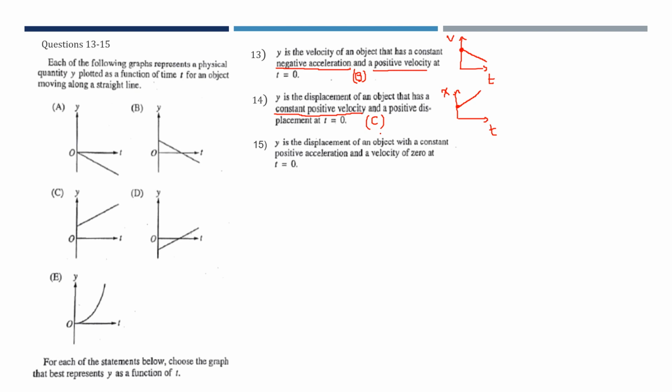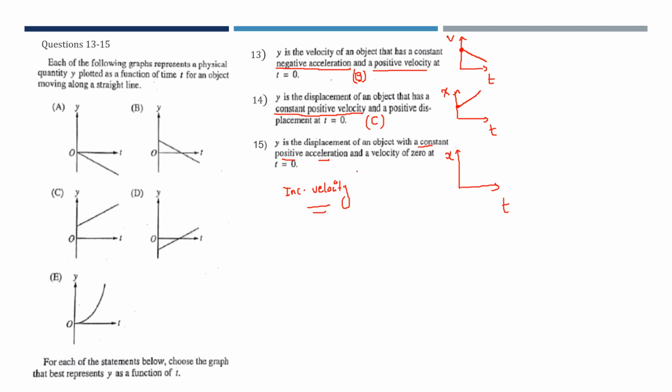For question 15, y is the displacement of an object. Again, we have a graph between displacement and time of an object with a constant positive acceleration. When we have a positive acceleration, it means we have an increasing velocity.